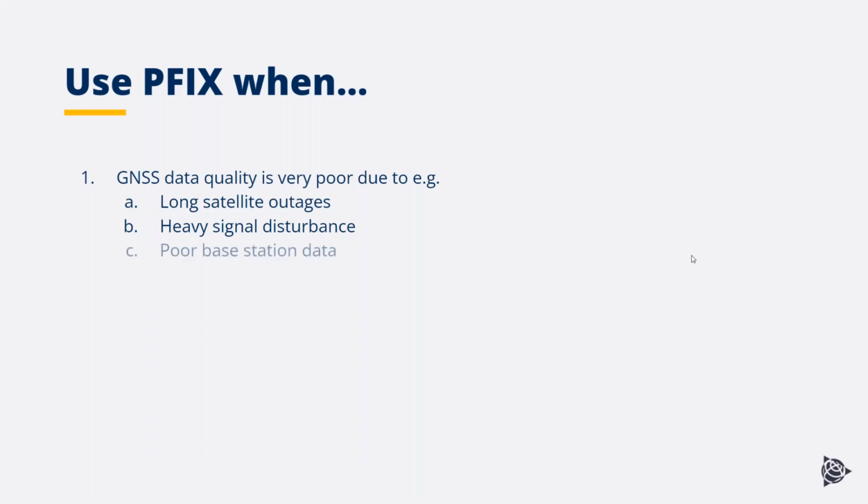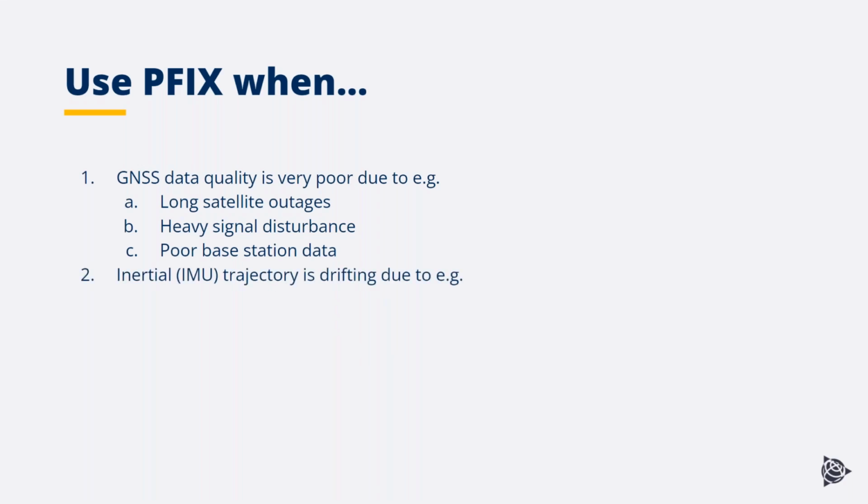And sometimes you might get poor base station data, when it's maybe too far away, or has a bad update rate, or gaps in the data. All these factors could lead to poor accuracy.